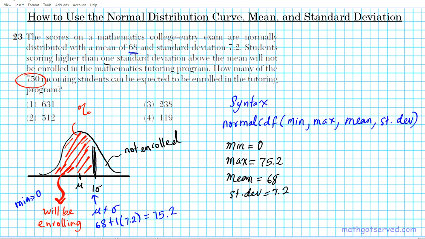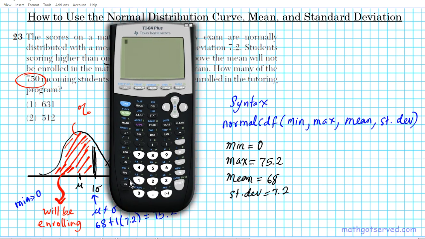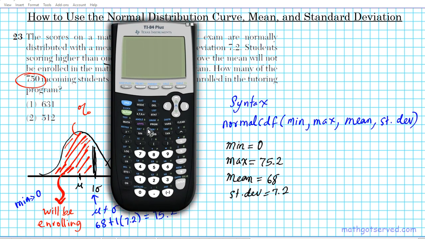So just enter all that into the calculator. All right, and then it will tell us what the percentage is. So we're going to be using the TI-84. So go to second function variables to access the distribution feature. Scroll down to normal cumulative density function, hit enter. Now, syntax: minimum 0, comma, where's the comma button?